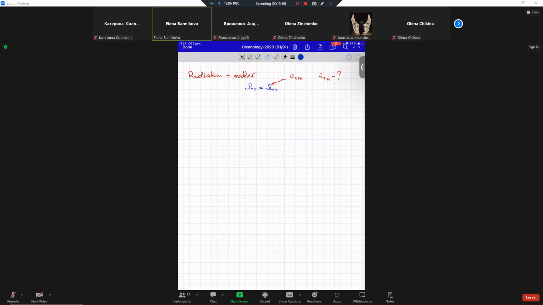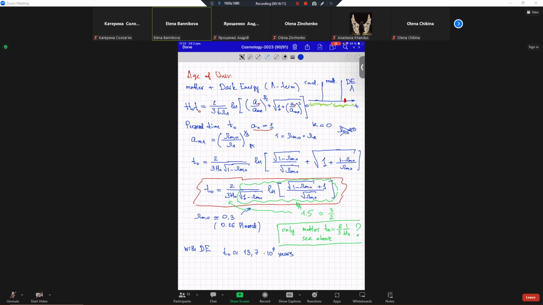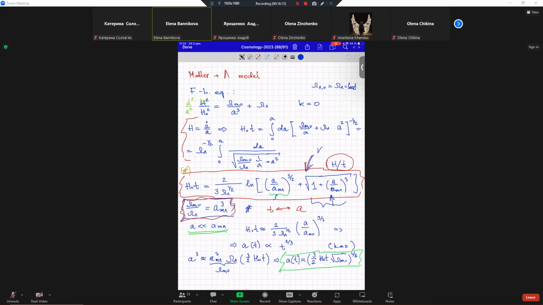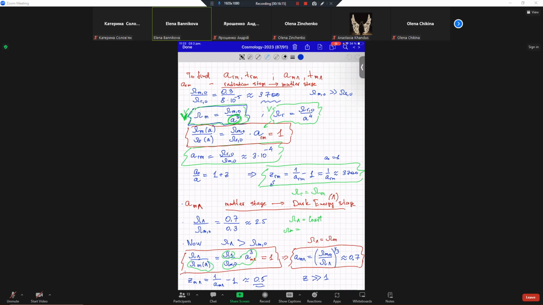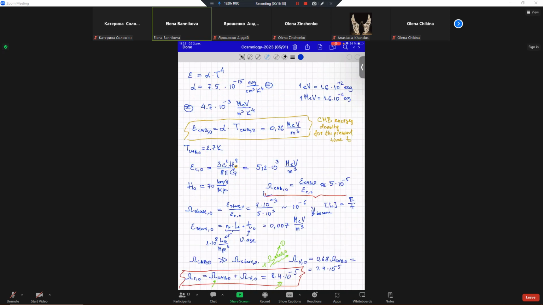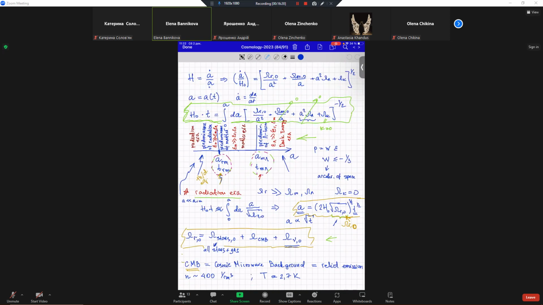Okay, we can again consider the Friedmann-Lemaitre equation for these two components of the universe. In this case, as you remember, on the left part we have the square of H divided by H0, and on the right side, before we had, let's look here, we wrote a lot of things.